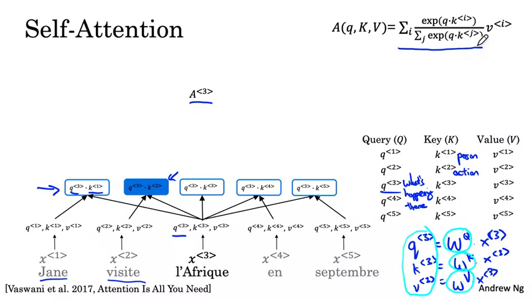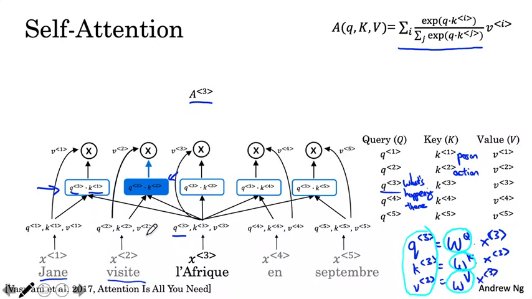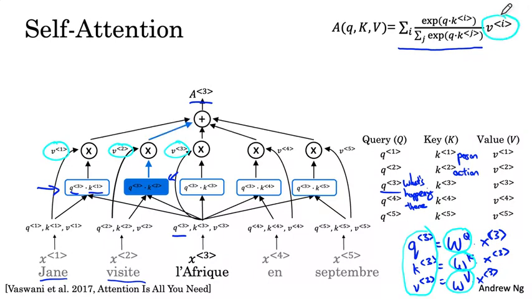Then finally, we're going to take these softmax values and multiply them with V1, which is the value for word 1, the value for word 2, and so on. And so these values correspond to that value up there. Finally, we sum it all up. So this summation corresponds to this summation operator. And so adding up all of these values gives you A3, which is just equal to this value here.